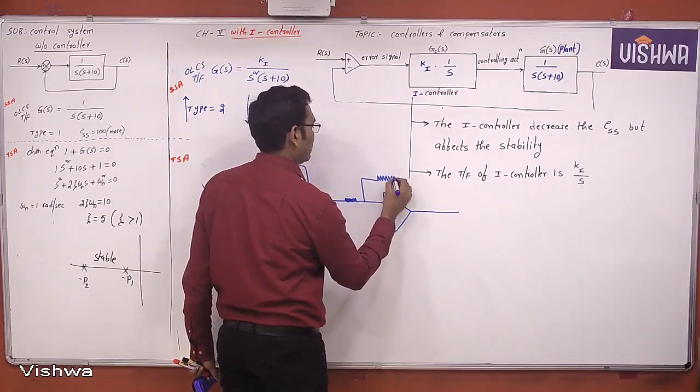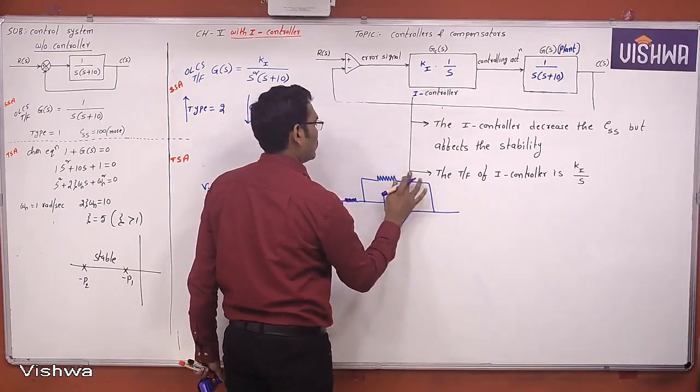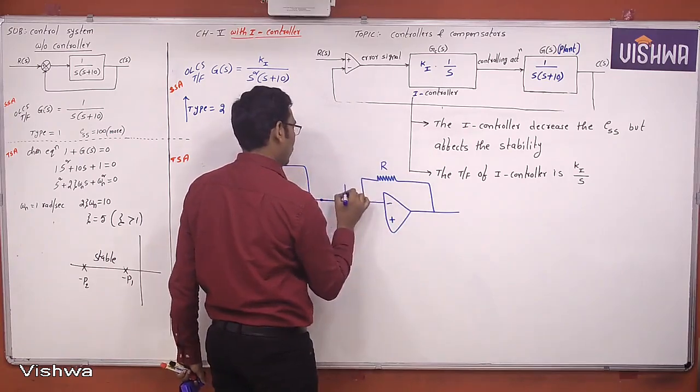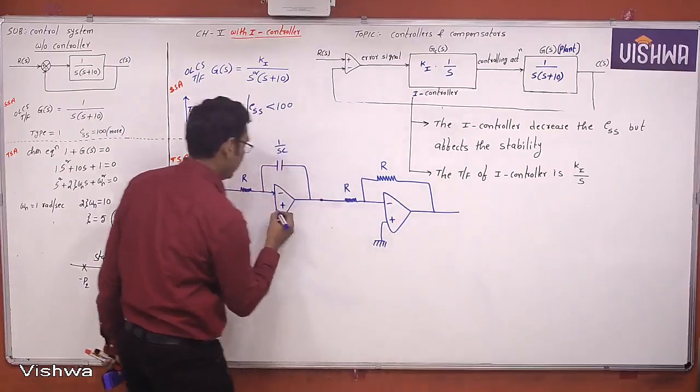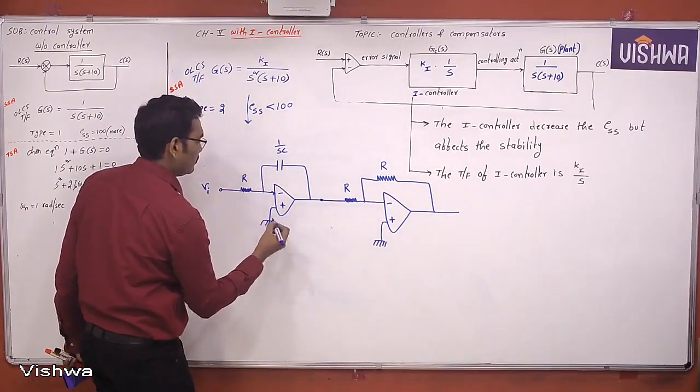Now this is the inverter circuit I am already explaining, because to compensate that minus value, here we use this inverter circuit.